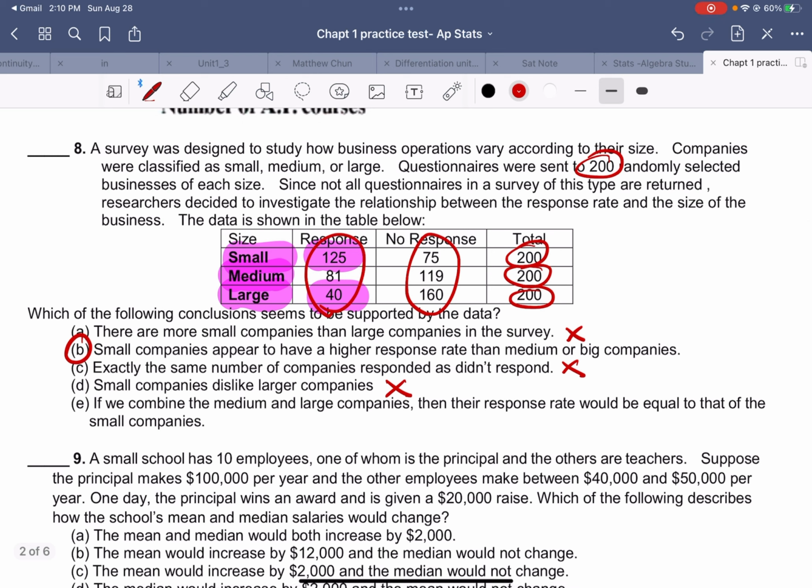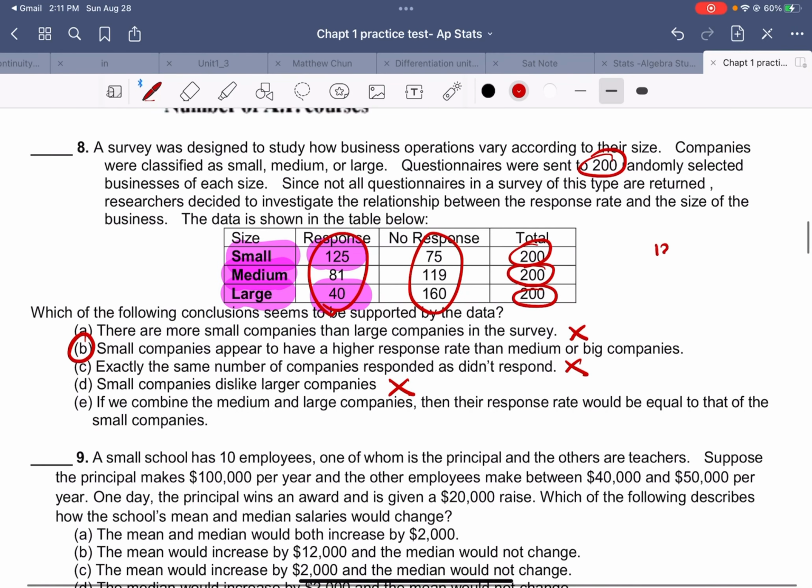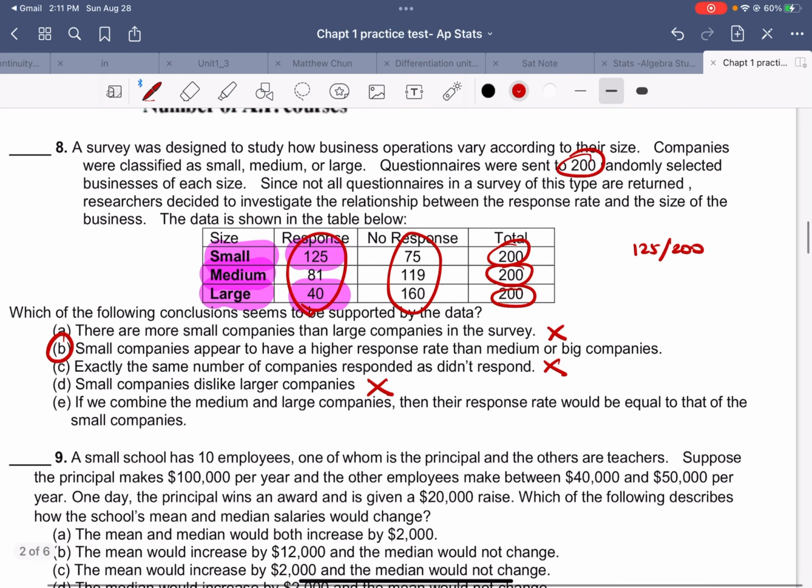Now, if we combine the medium and large companies, then the response rate would be equal to that of small companies. So what is the response rate for small companies? That's 125 out of 200. And if you combine medium and large, 81 plus 40, which is 121 out of 400. So I don't think they are equal. So that's also out. So the answer is B.